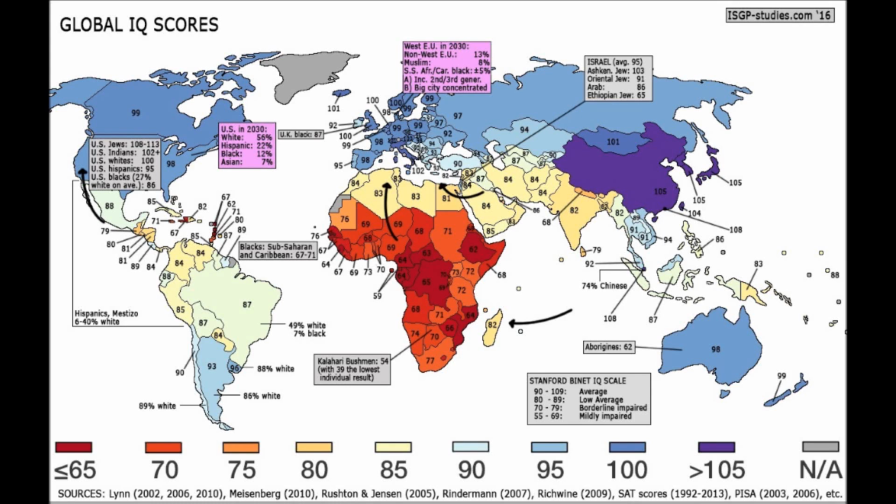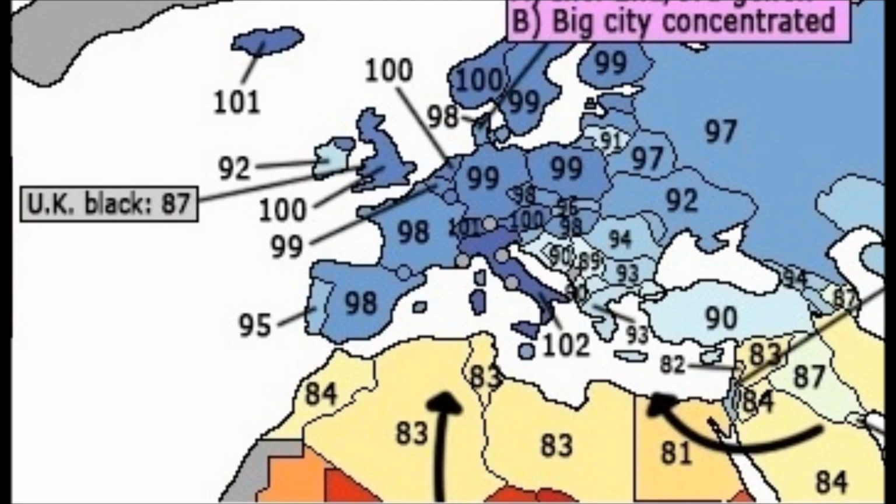Here we have an interesting map showing the global IQ scores in different countries. If we look closer at Europe, we notice numbers like 99, 102.